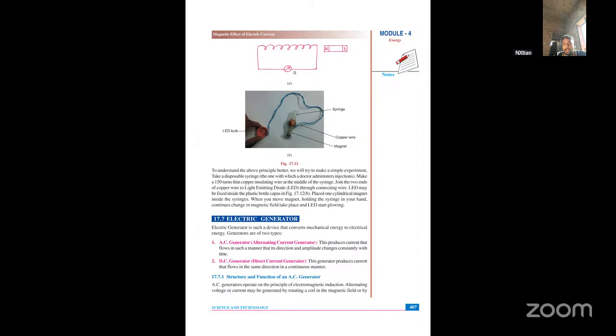Our house tube light flickers, but so fast that it looks constant. If you use slow motion video on your mobile, you will find the light flickering, on off on off on off. So this is how it is done.